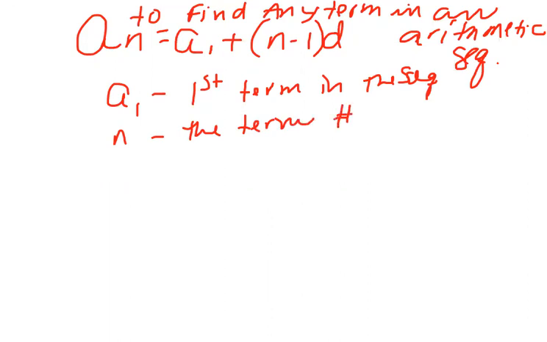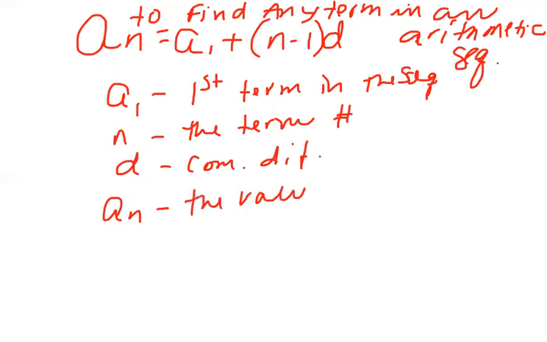In this case, I asked you to find the 20th term, so N would be 20. And of course, D is the common difference, which we've already talked about. And then AN represents the value of the term.